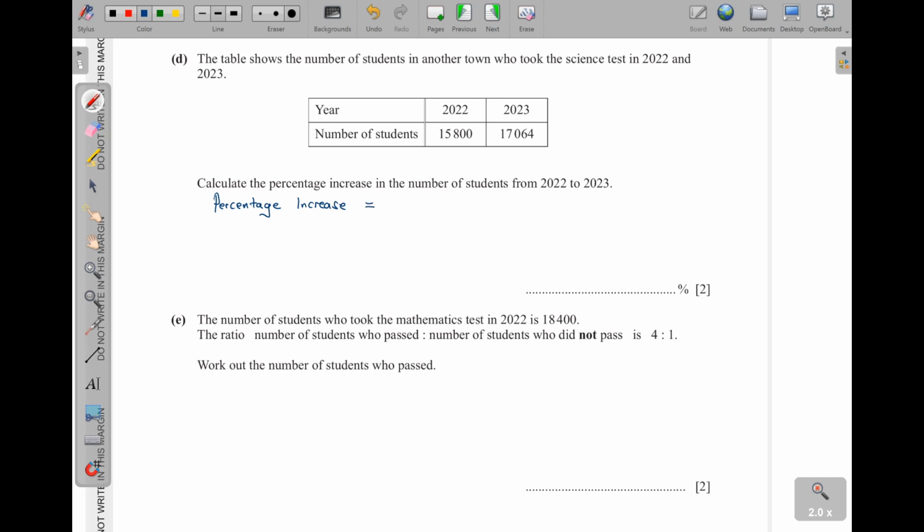So you get the new value minus the old value. The new value is this one, which is 17064, minus the old value, which is 15800. Then we divide by that old value, or you can call it the initial value. Then you multiply by 100.